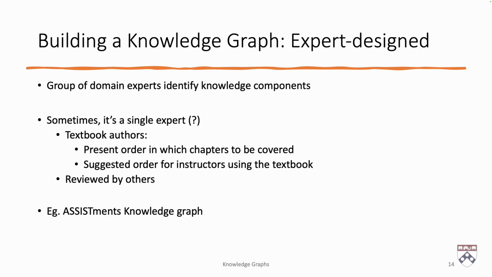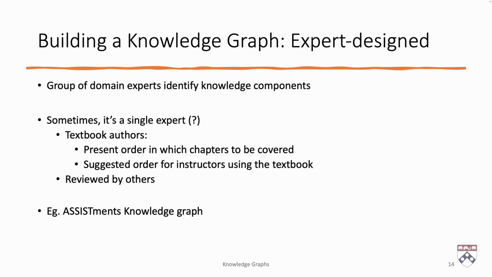So if, let's say, we want to create a knowledge graph for a domain like elementary school math, we can look for really good elementary school math instructors. We can get mathematicians who understand the key concepts of these key knowledge components. They can then identify them.